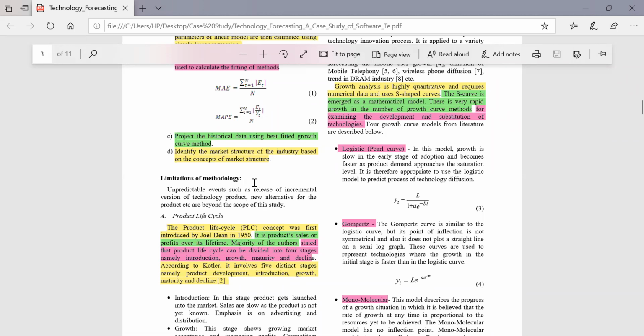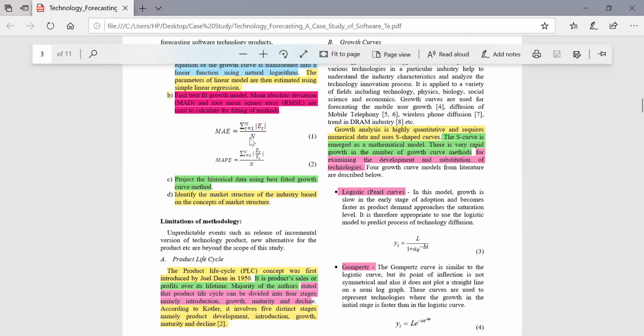So they claim these two are the limitations of the methodology they have followed in this paper, because the equations here are not predicting any changes with respect to a new version of the product or the incremental version of the existing product. This is suitable only for manufacturing a product in a single shot and throwing it into the market, and hence these two are the limitations.